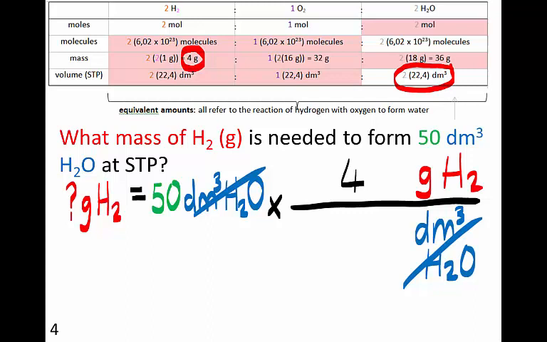4 grams of hydrogen react every time 2 times 22.4 decimeters cubed of water are formed.